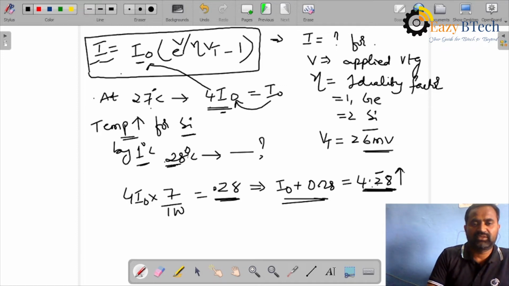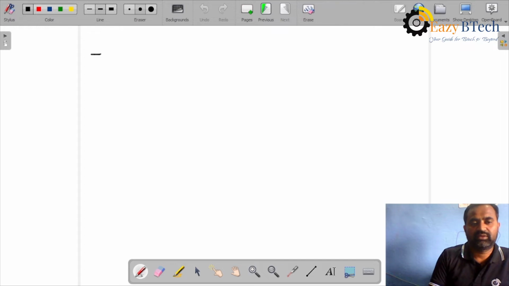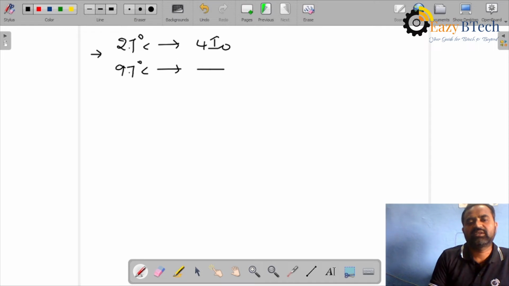Now the formula for this. Suppose at 27 degrees centigrade you have 4 I naught. What will be the reverse saturation current at 97 degrees centigrade? It is one of the GATE questions.